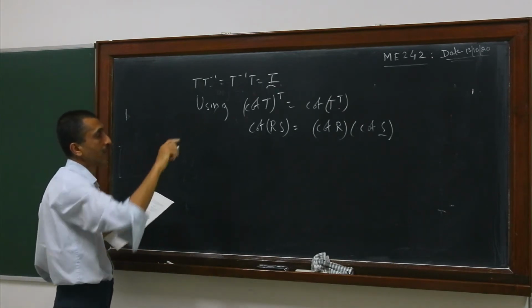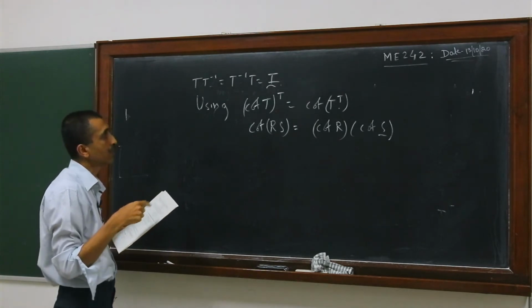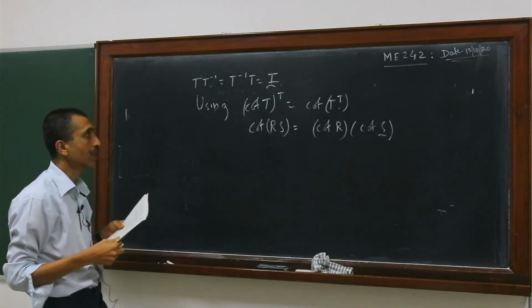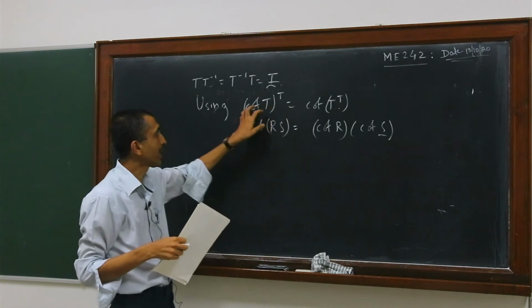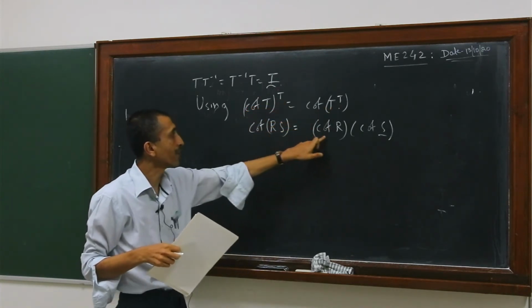I had already written down the explicit expression for cofactor in terms of the alternate tensor. Use that definition to show these properties. So cofactor T, the whole transpose, is cofactor of T transpose, and cofactor RS is cofactor R cofactor S.